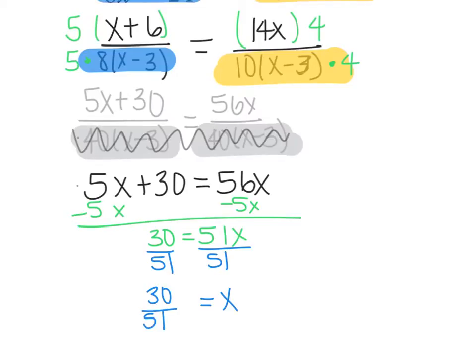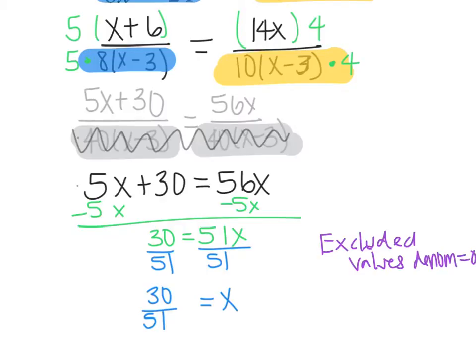So that looks like it's going to be my solution. The only thing I need to check now is I need to make sure that I know what my excluded values are. So to find my excluded values, I focus on my denominator. So my excluded values happen whenever my denominator equals 0.